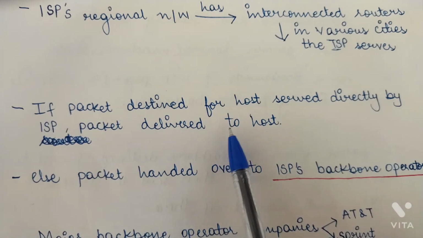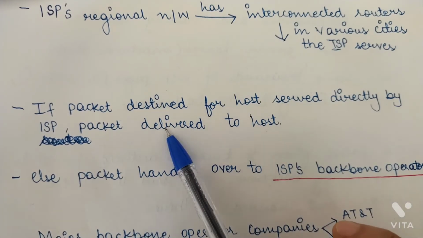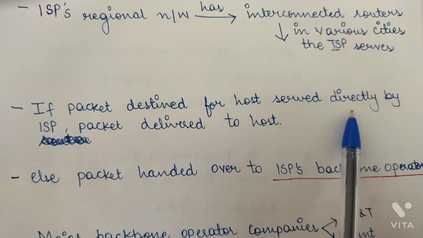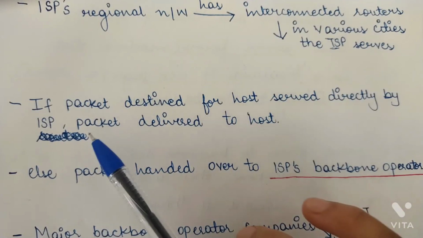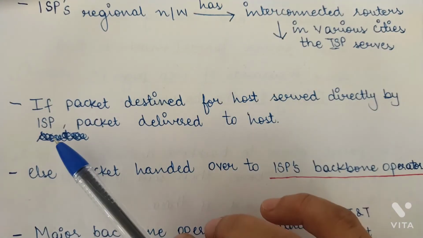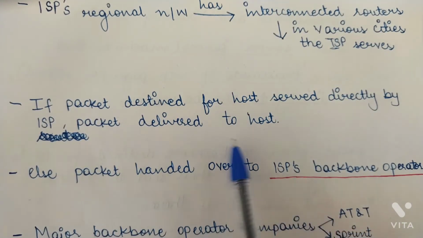So it wouldn't be a big deal for Airtel to transmit your message from the computer in Dehradun to the computer in Delhi, right? So this is what it is: if the packet is destined for a host served directly by the internet service provider, the packet is delivered to the host.